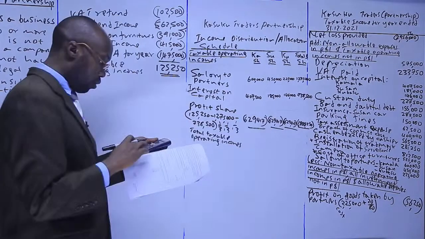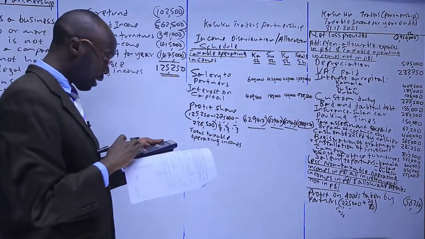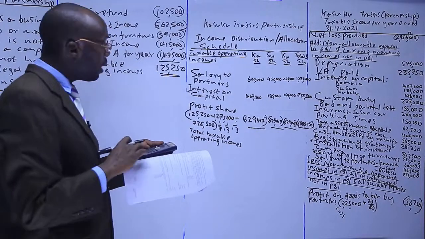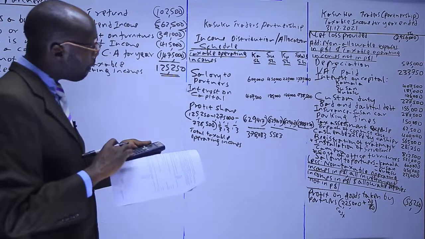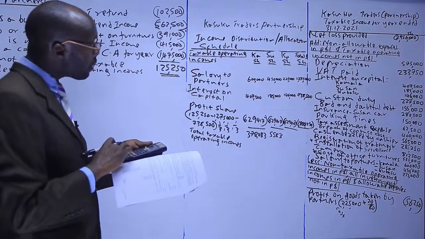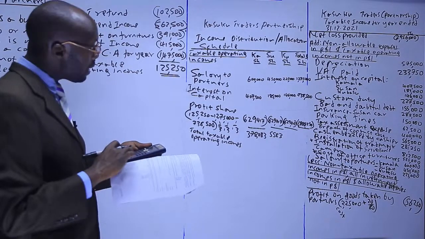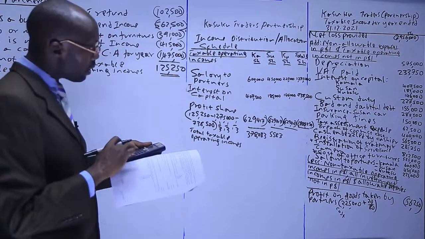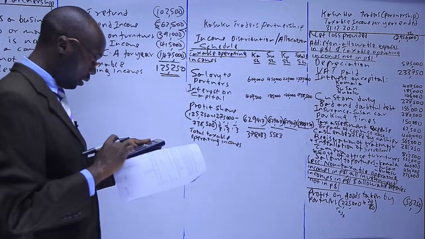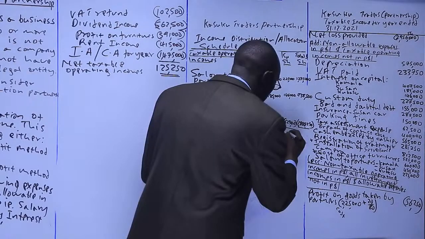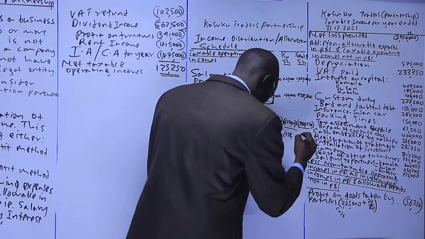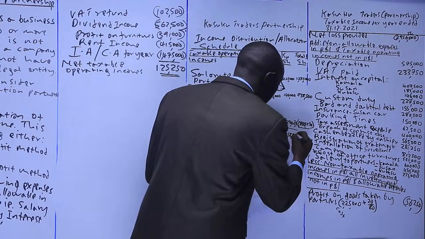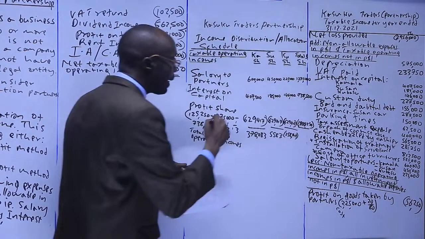So we start with 600 for the first one, 1,000 plus 4 plus 146,000 minus 629,417. This is a loss of 258, so negative 258,417.